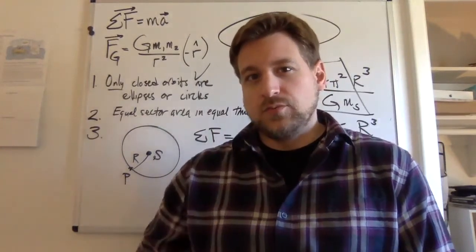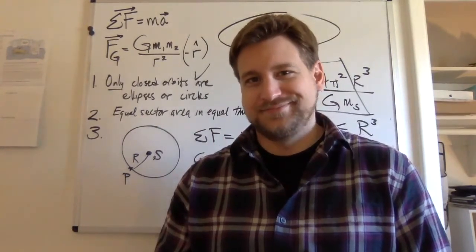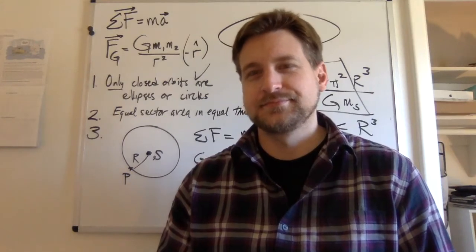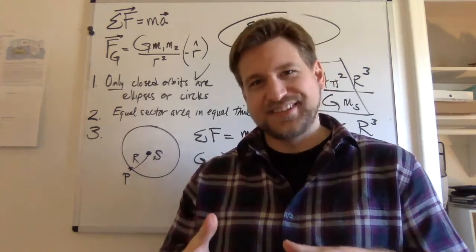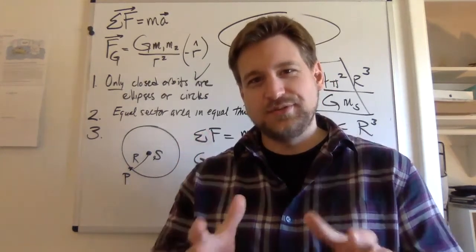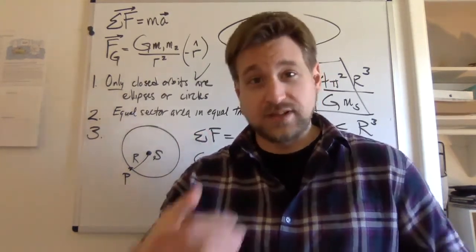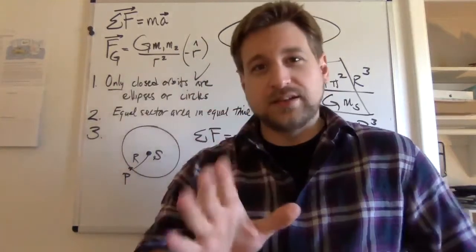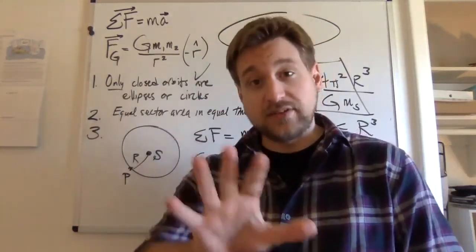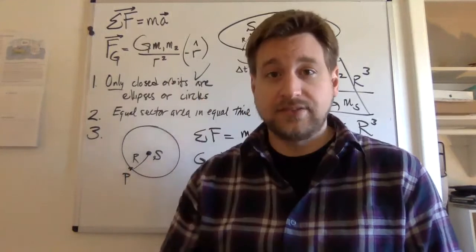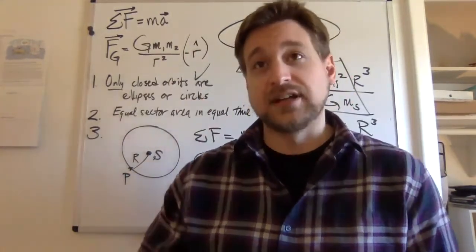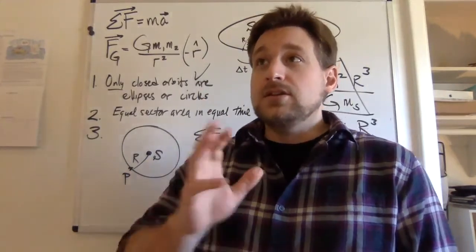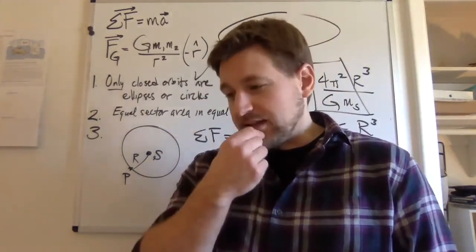But Newton wasn't done. The next piece of Newton's synthesis, so I complain that we name everything after Newton, but this gravitation thing is the real deal. This should be named after him. Newton's synthesis, we call it.